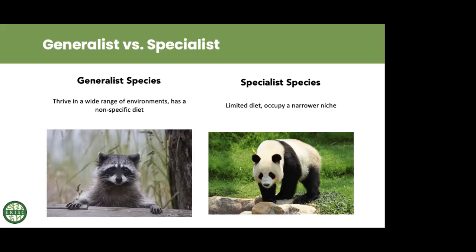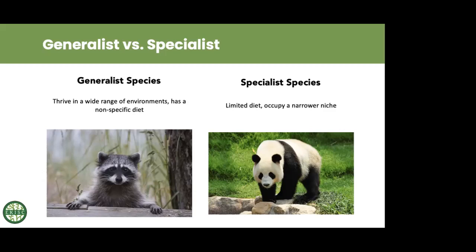And then to contrast that, we have specialist species, which have a limited diet and they occupy a narrow niche. An example of these is the giant panda, which requires specific parameters and a diet to survive. Their diet is only bamboo, and they can only survive in a very narrow niche of temperatures, environments and climates.